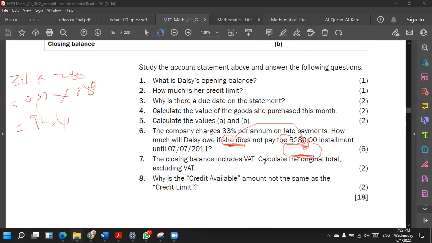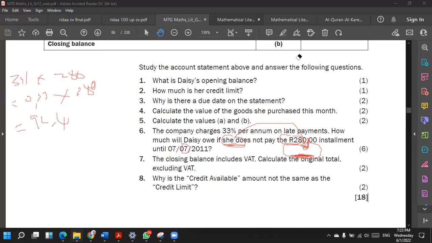So how much will Daisy owe if she does not pay the 280 installment until the 7th? Now they're giving us a date, until the 7th of July.